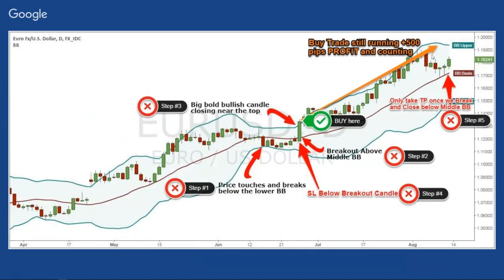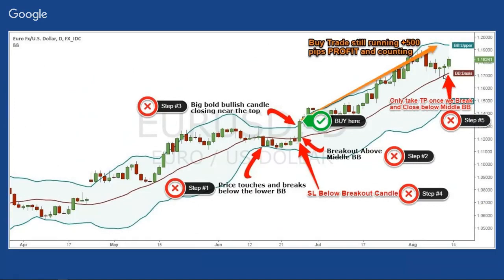And then you hold it until you get a touch of this center Bollinger Band right there. Well, actually, I guess it didn't touch this. The buy trade is still running, 500 plus pips profit and counting.